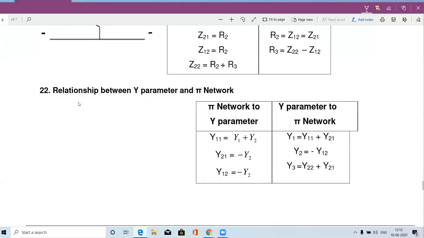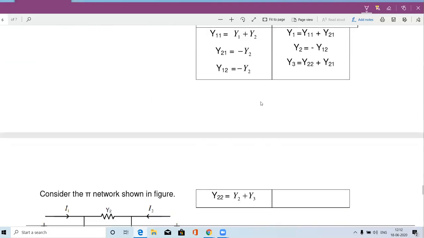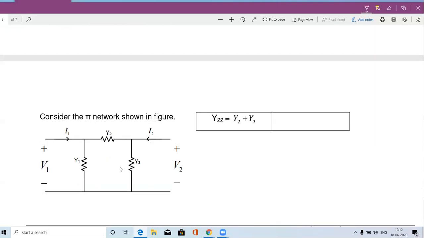Similarly, the relationship between Y parameter and pi network. Okay, this is the Y parameter, and this is the pi network. Pi means the three components are connected in the shape of pi. Consider these as Y1, Y2, Y3.